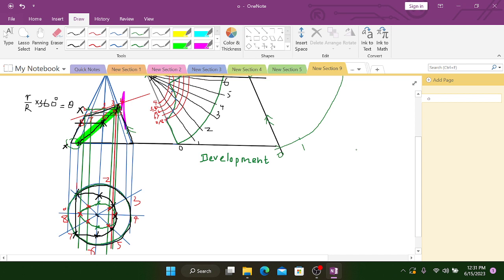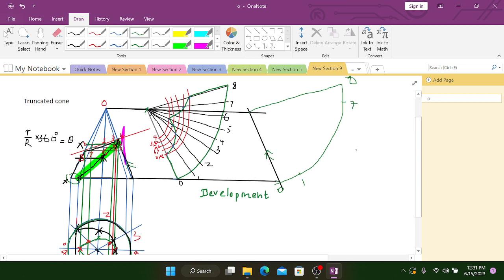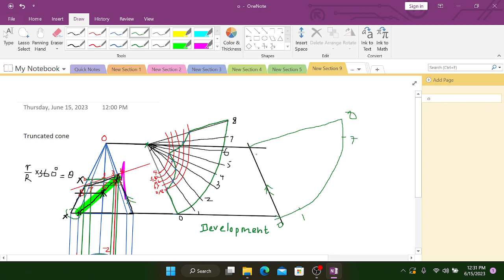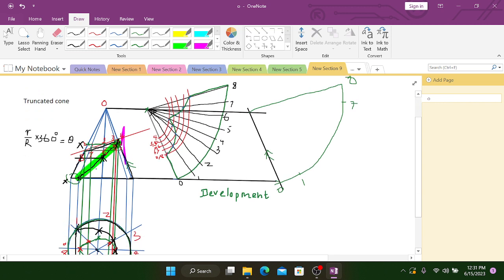How can I find it? If I want to find that, I can use the same theta value, and I can mark the theta value in both directions, because this is a symmetrical object. So I can get the theta angle and plot it. Through the angle I can find this 1 point and 7 point.